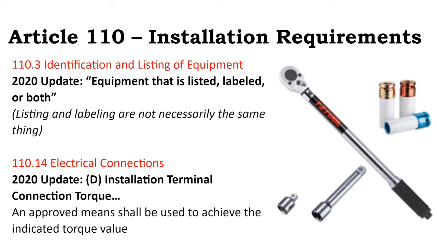I think one of the most commonly overlooked aspects of the design is that code actually requires you to use a torque wrench to torque your connection points to spec. And so most installers, myself included, really will use an adjustable powered wrench or drill to tighten our fittings.